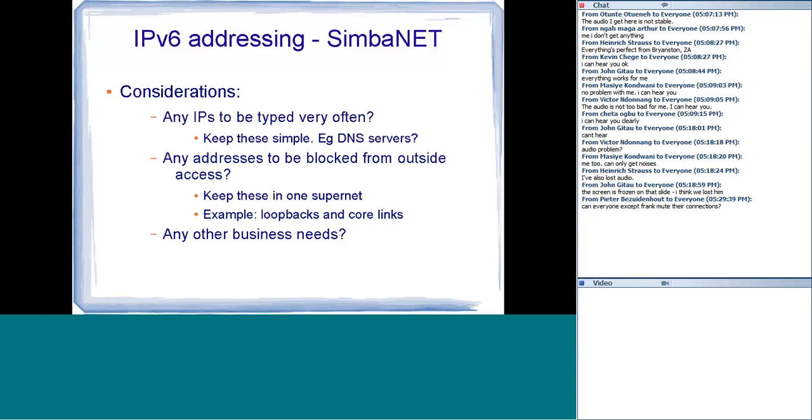If that's the case, then those kinds of addresses should be put close together into one supernet, and then it will be only one line in an access list for that supernet that can block all that traffic. And then, because I don't have any other examples, you have to fill in any other business needs, whatever comes up. If it's a mainly mobile operator looking to implement IPv6, I'm sure there will be very different considerations.